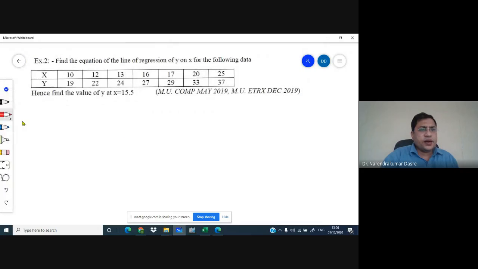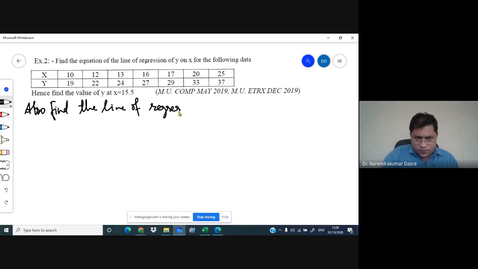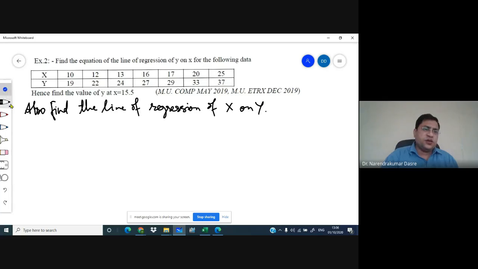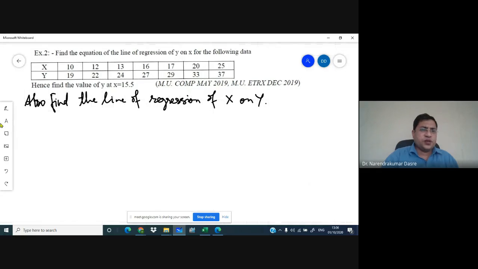And I'm adding this to the question: also find the line of regression of x on y. So we have to find this as well as this one. Okay, so let us try to have the solution for this.